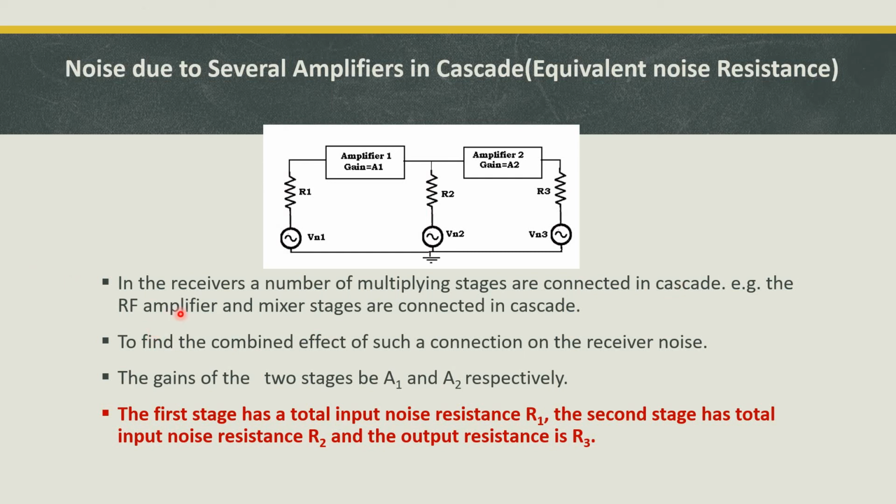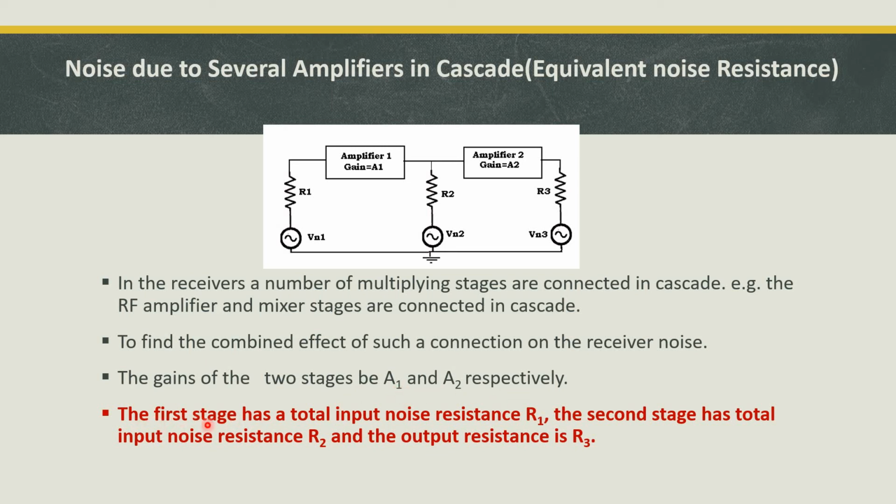You know that RF amplifier, mixer, IF amplifier, power amplifier, matching network and so many blocks will be connected in cascade. To find the combined effect of such a connection on the receiver noise, the gains of the two stages here are represented as A1 and A2.